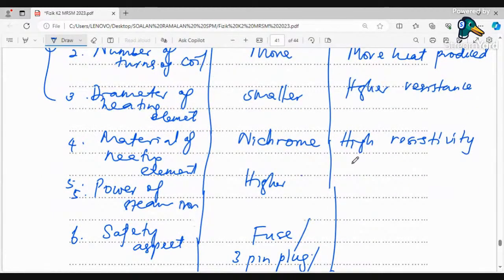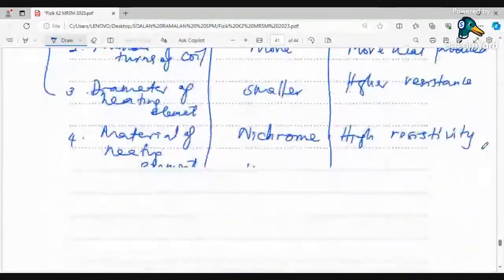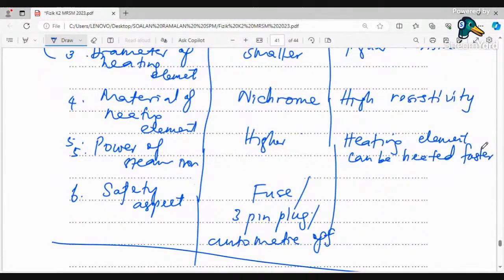Some put high boiling point, that's also fine. Okay, power of steam higher. Element can be heated faster. It heats up quickly. High power, or it produces steam quickly, also can.